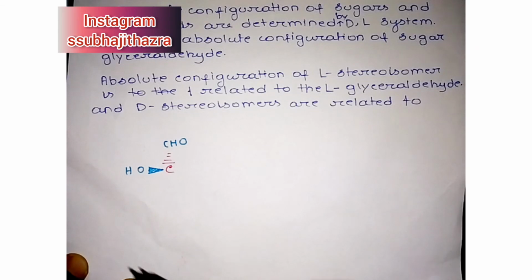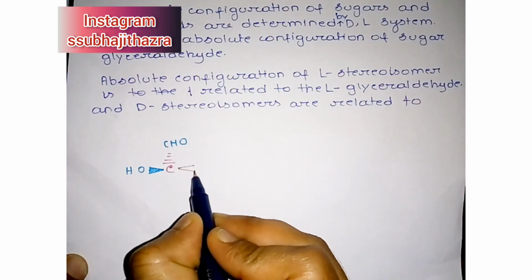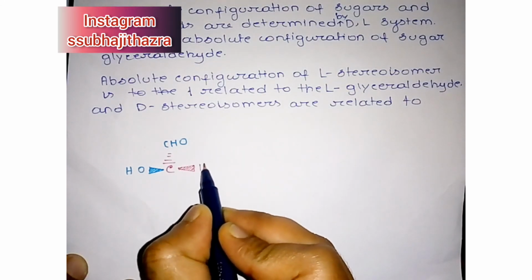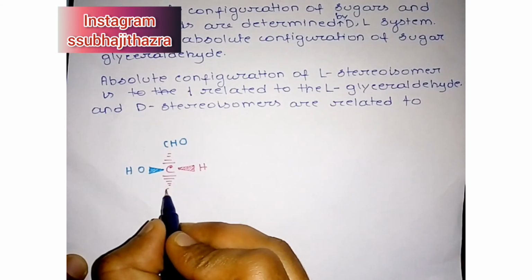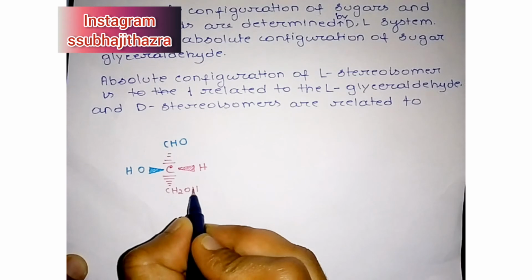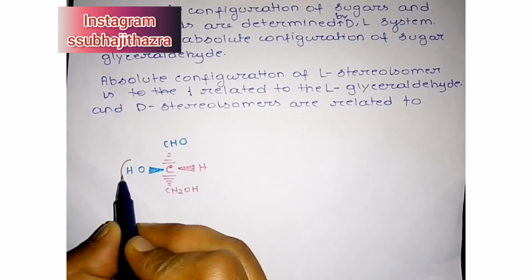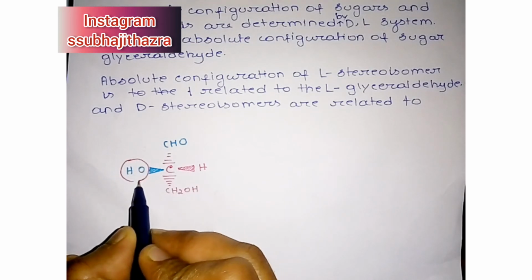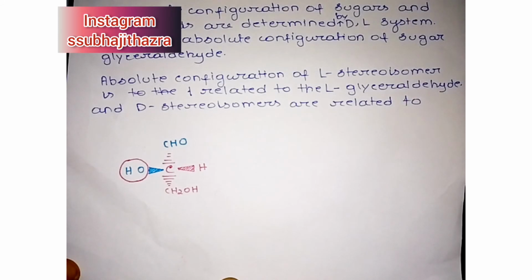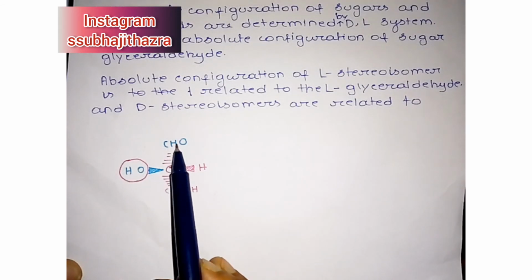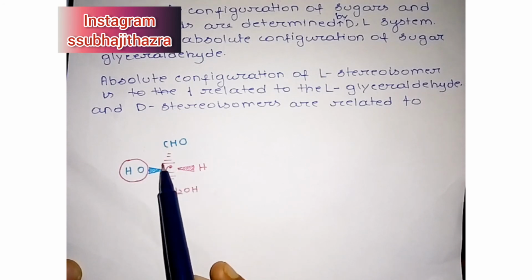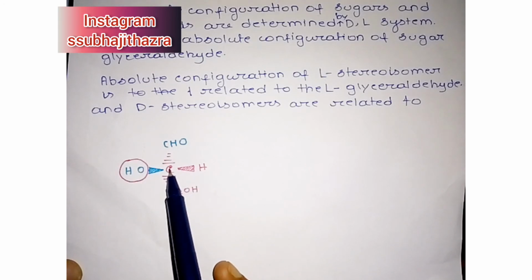Now, on this side H, and here CH2OH. As you can see, the position of OH is on the left side. This is a chiral carbon because 4 different groups are attached to the same carbon. That is why it is called a chiral carbon.